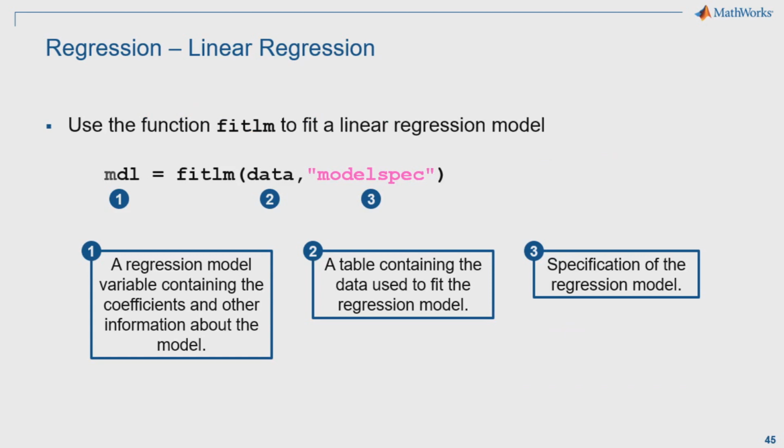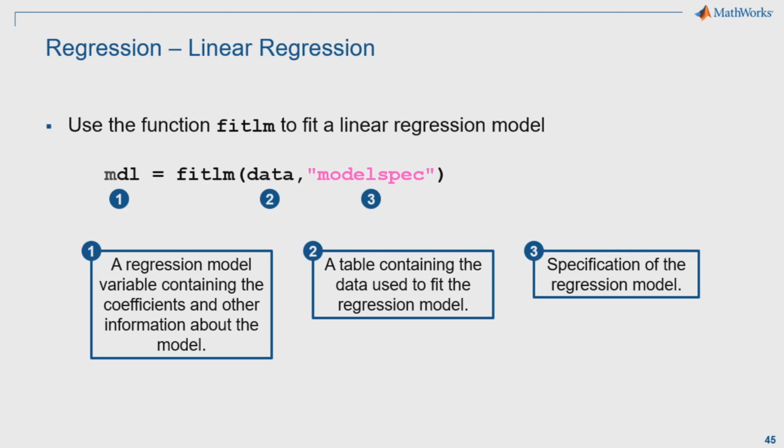How to fit a linear regressor? You can use the function fitlm, and fitlm takes as input essentially your dataset, and you can also specify the kind of model that you want. So you have to, as I told you before, know in advance a possible model that could be good for your data. This is not always easy to have.